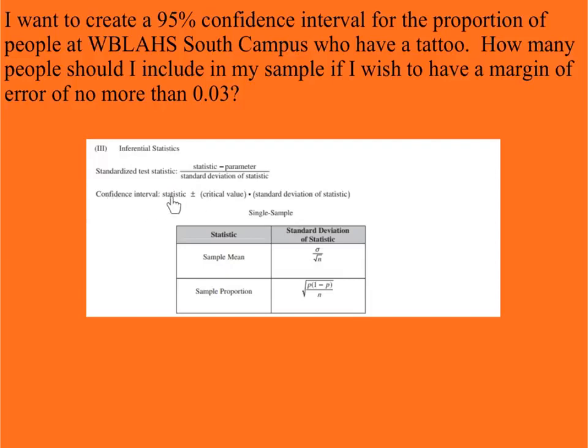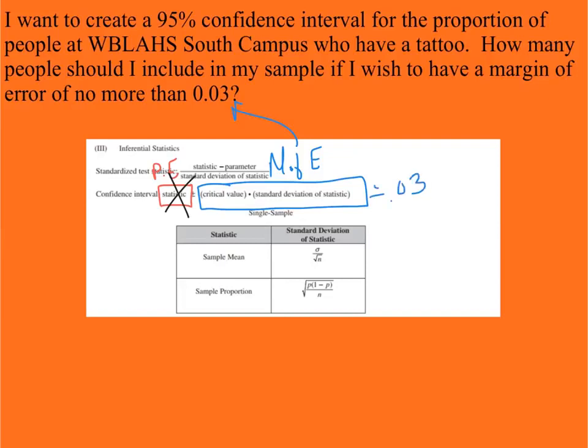Confidence interval is the statistic plus or minus the critical value multiplied by the standard deviation of the statistic. Let me just remind you that this is the point estimate, and this is the margin of error. Now you notice here I have not been given a point estimate, and that's for a reason. It doesn't matter. All I care about is making the margin of error 0.03. So I should be setting this blue box equal to 0.03.